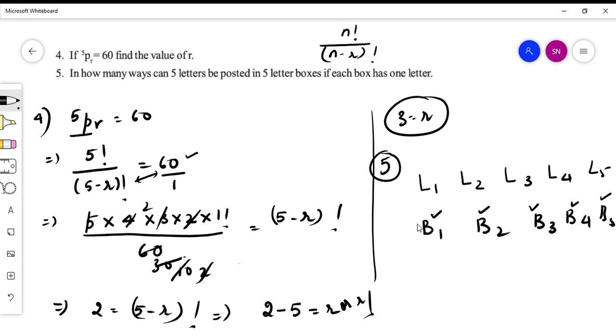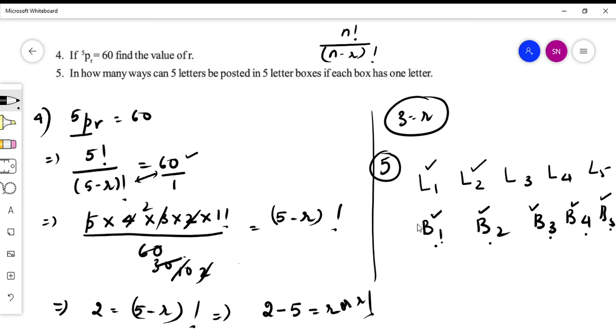So therefore, each letter can be put in 5 different boxes, obviously in 5 different ways. L1 can either be in B1 or B2 or B3 or B4 or B5. Likewise, L2 will be in either B1, B2, B3, B4 or B5.